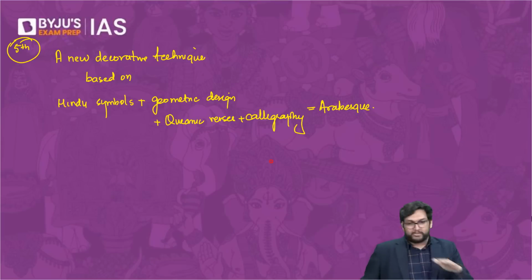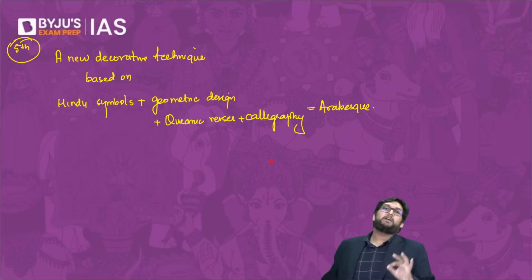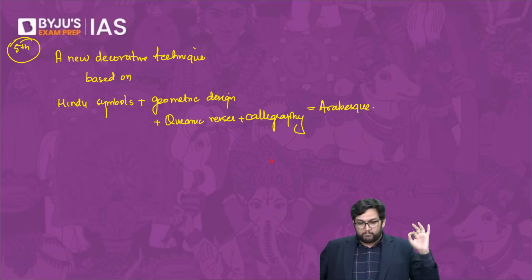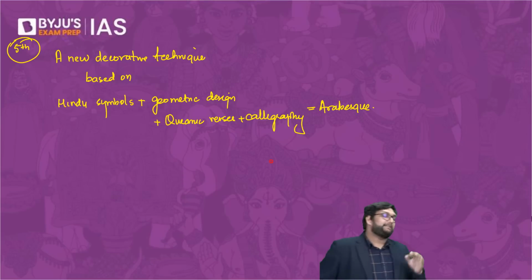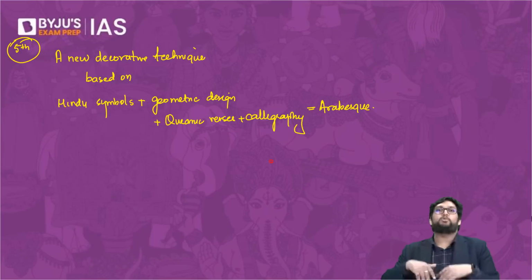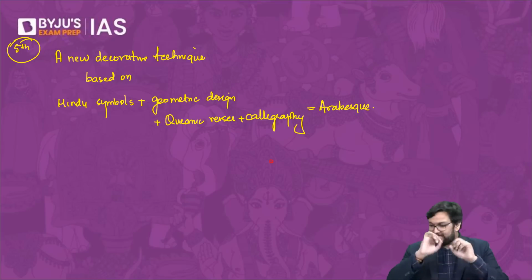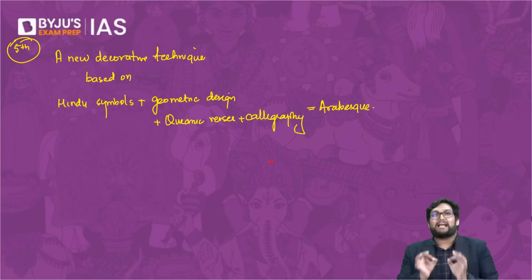I wasted more time than what is needed here. The simple point of the matter is there is a decorative technique which makes these buildings more Indian than actually Islamic. If you go to the Qutub Minar, does it seem, in the decoration, to be an Islamic building?